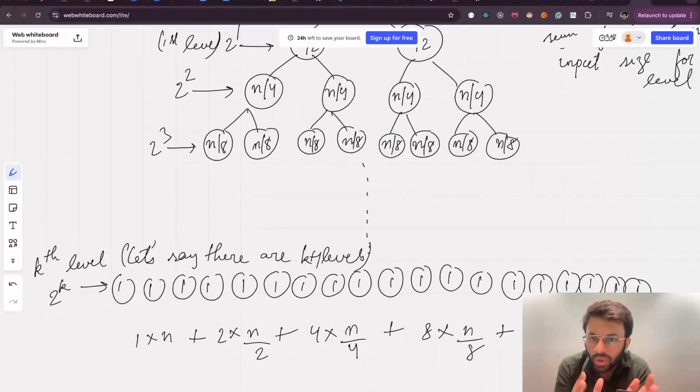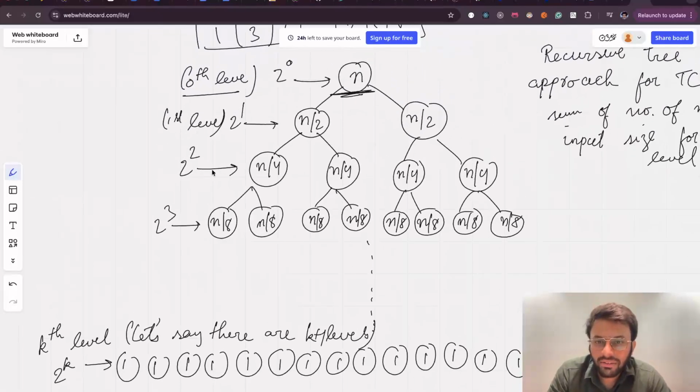Now if you notice, in the second level, I have 2 power 2 nodes and input size is n by 2 power 2. Third level, I have number of nodes as 2 power 3 and input size is n by 2 power 3.